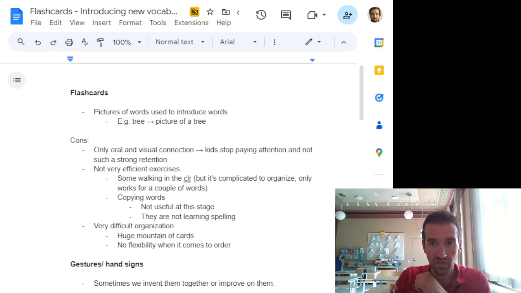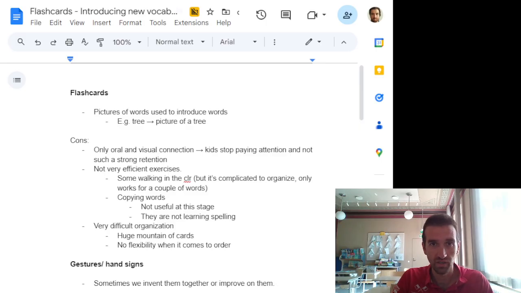I used these flashcards in the beginning, but now I'm not using them any longer. I believe there are certain disadvantages, or not disadvantages, but I don't think they're ideal. So first of all, there's only an oral and a visual connection.